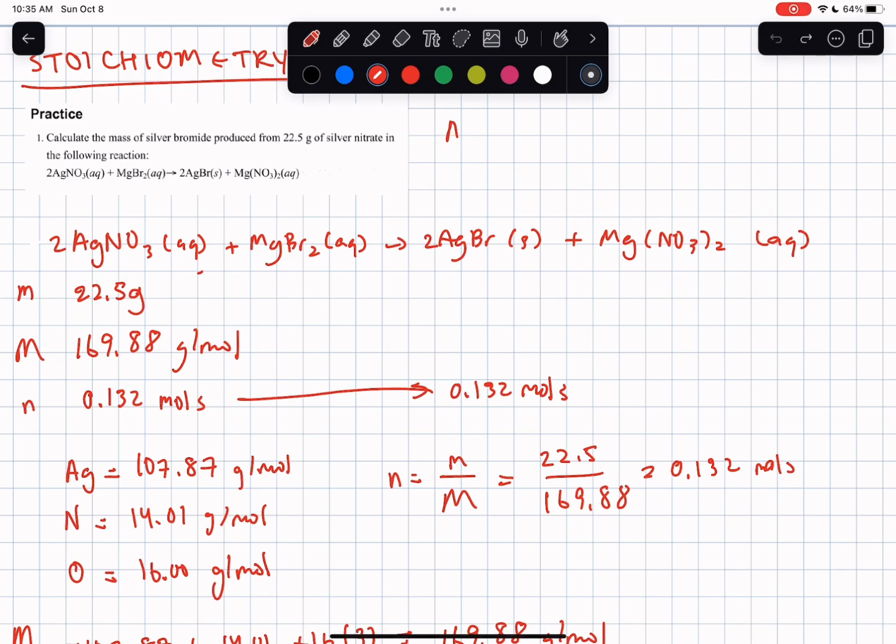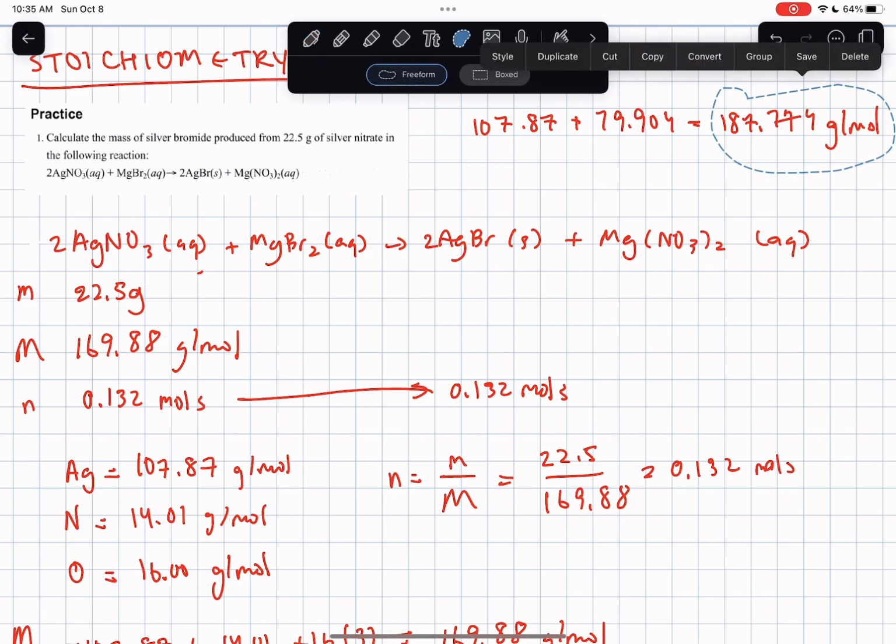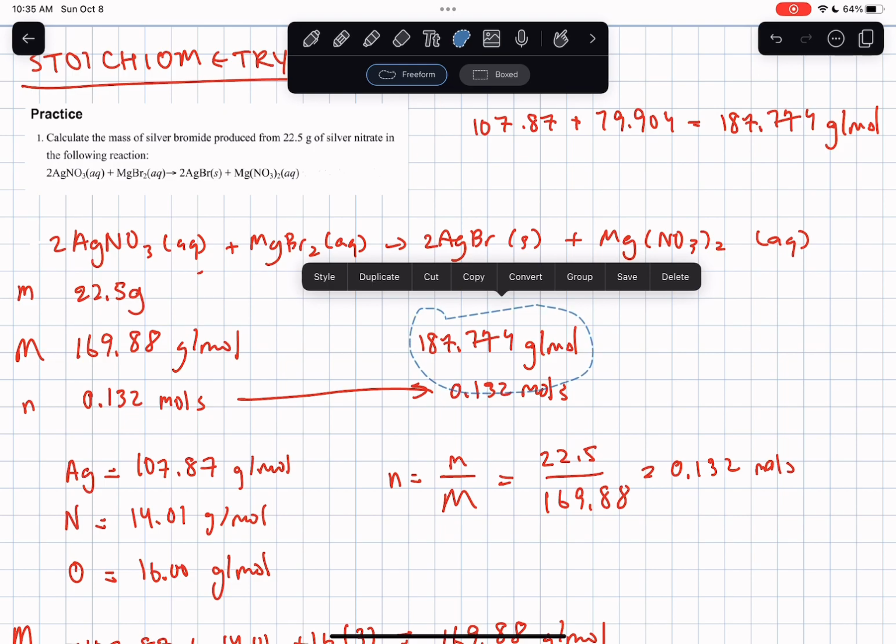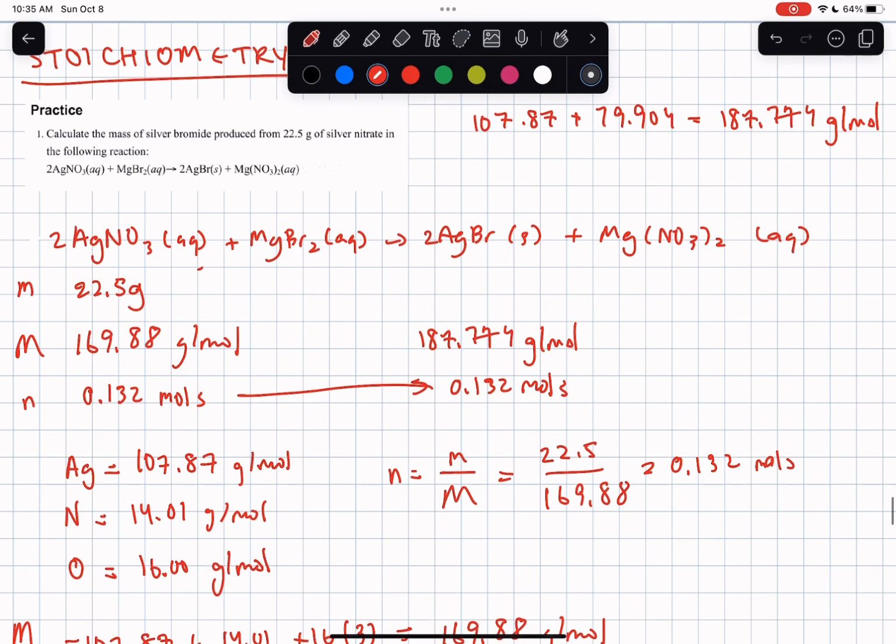The silver bromide's molar mass is, we know Ag already is 107.87, and we can add it to Br, which is, if you look on your periodic table, 79.904, which equals about 187.774 grams per mole. Now we can use this value. We can take it and we can put it right here.